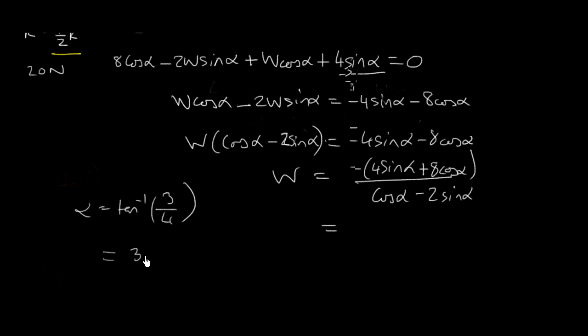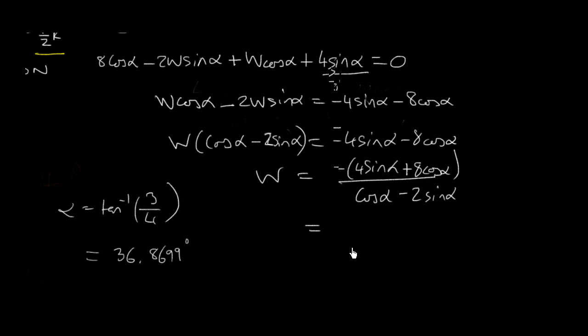I'm going to write it down to a few more decimal points. 0.8698. Okay, it should be a 9 actually. Degrees. So if I now come here and I type in, I'm going to save this angle.